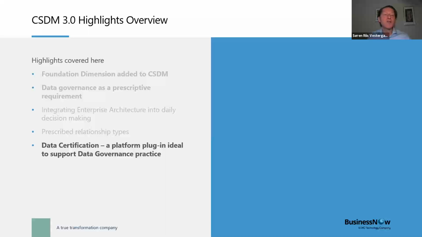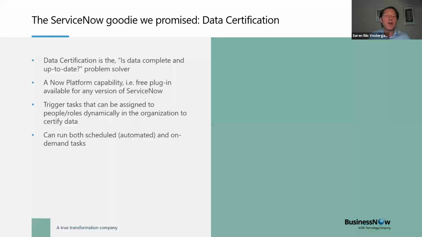But moving on to the final highlight covered here, the data certification plugin is ideal to support data governance practice. And I think everybody who has joined this webinar should be curious about what data certification is. And I'm only going to cover this shortly because that's what the time allows.